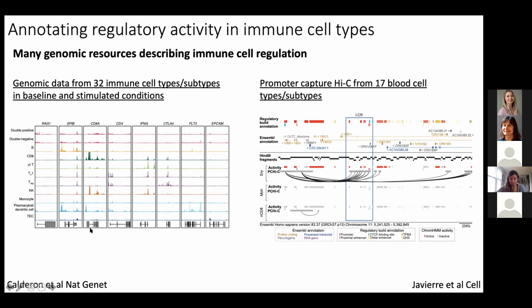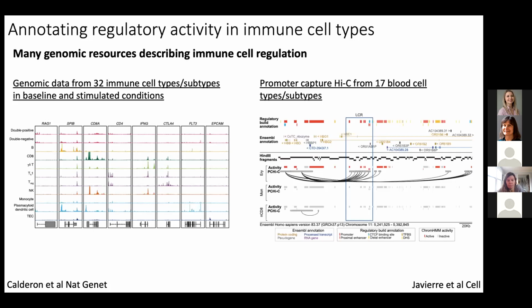One example on the left is a study in Nature Genetics, I think last year or 2 years ago, where they profiled 32 immune cell types that were sorted, both in baseline and also stimulated conditions. On the right, promoter capture Hi-C data linking regulatory elements to target genes in different blood immune cell types and subtypes.